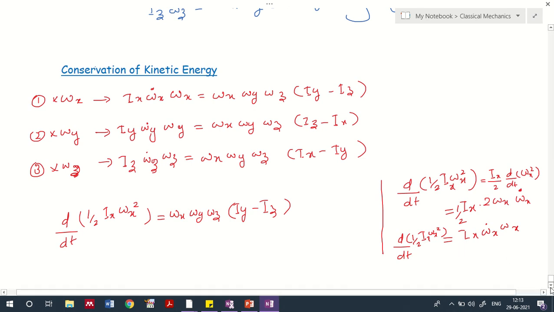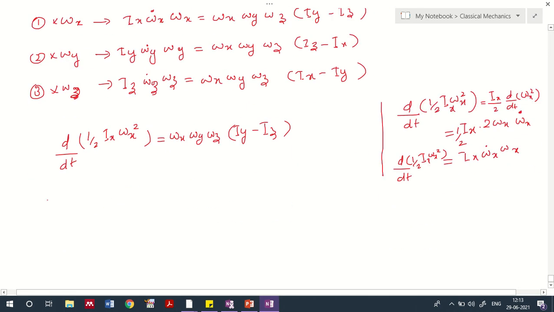And similarly we can do the same for the other two equations as well. So this also I can represent as d by dt of half Iy omega y square, which is equal to omega x omega y omega z times (Iz minus Ix).